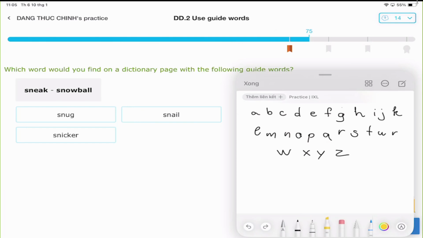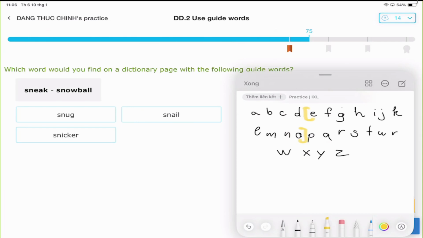From E and O, between E and O, so between here to here again. Which word would be found? So it's between E and O. Let's see. U stands after O, so snug would not be the correct answer.